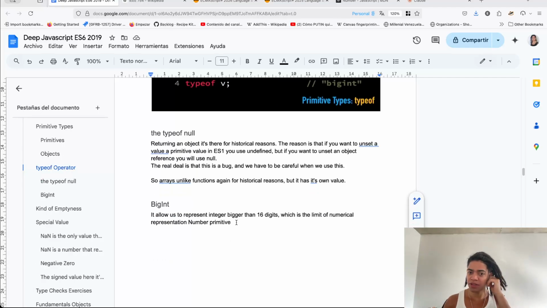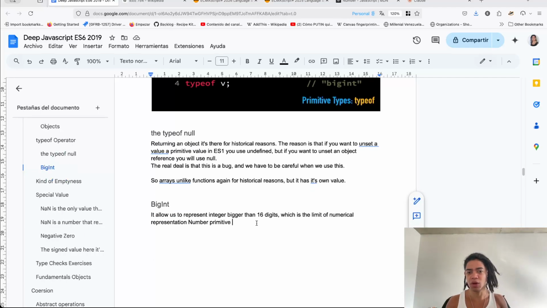So it allows us to represent integers bigger than 16 digits. It's like asking what is the distance between Earth and the nearest star system, Alpha Centauri? It's huge. Can we reach it? No. So why even think about it?